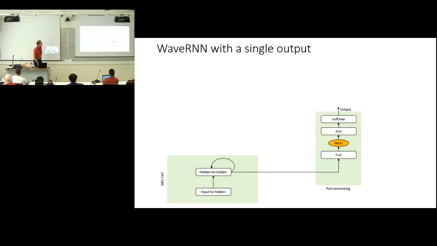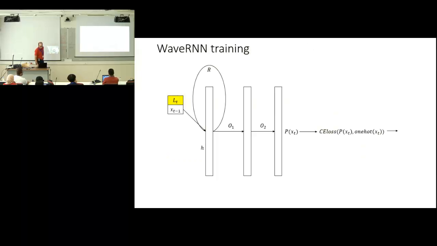Another idea, which was not proposed in the paper, but I think works much faster, is: why make our life so complicated and have coarse and fine bytes? Just predict the output of the network. This is much simpler to implement. It's just a recurrent neural network, very simple, with two post-processing dense layers.